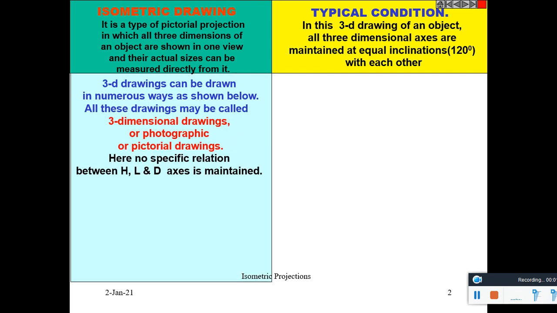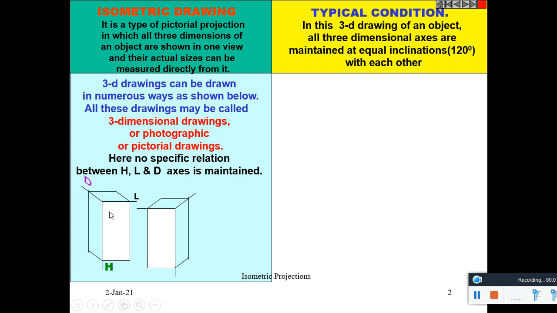3D drawings can be drawn in numerous ways as shown below. All these drawings may be called three-dimensional drawings or photographic or pictorial drawings. Here no specific relation between H, L and D axis is maintained. Type 1 is towards left and type 2 is towards right.